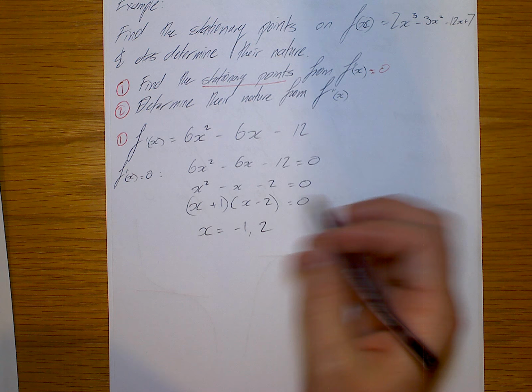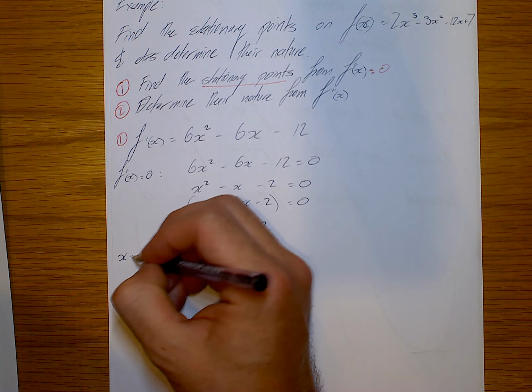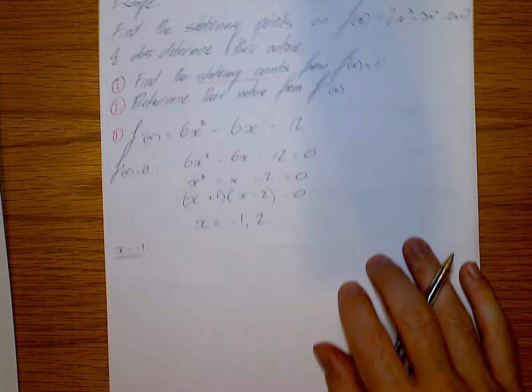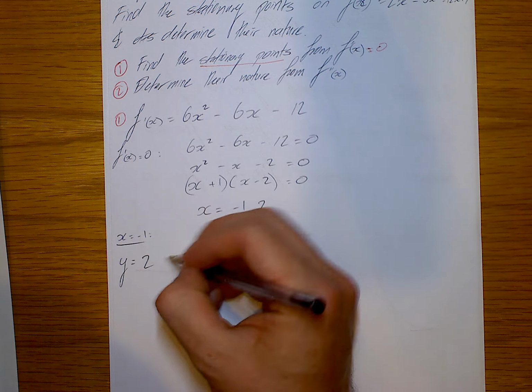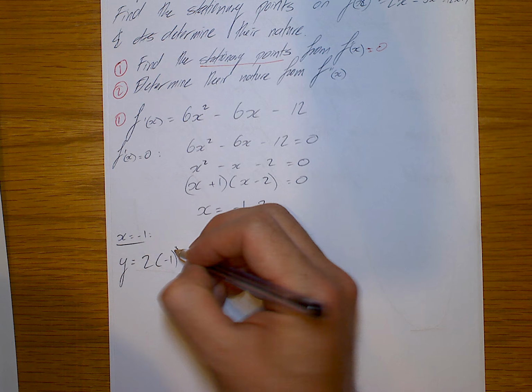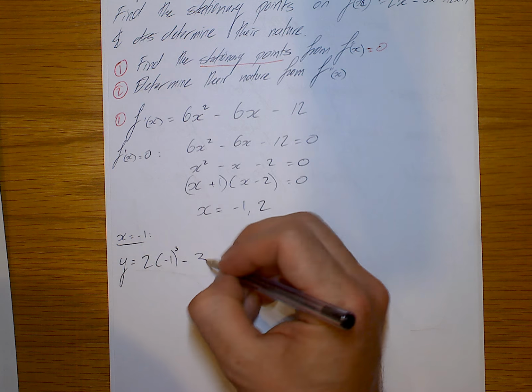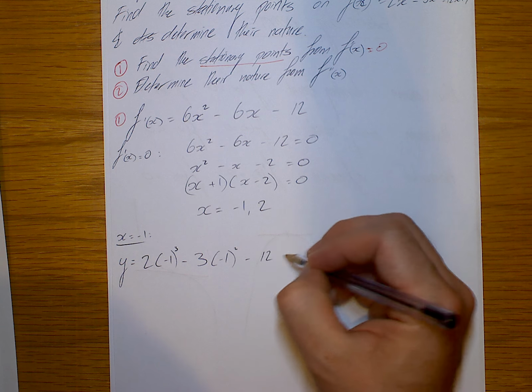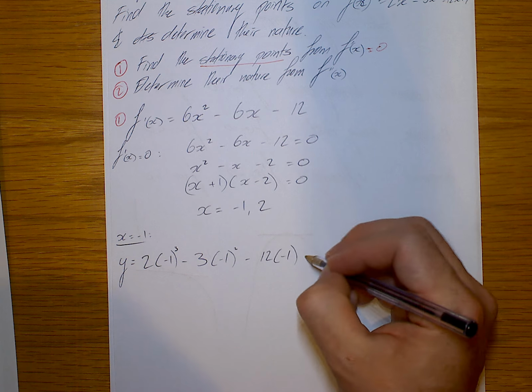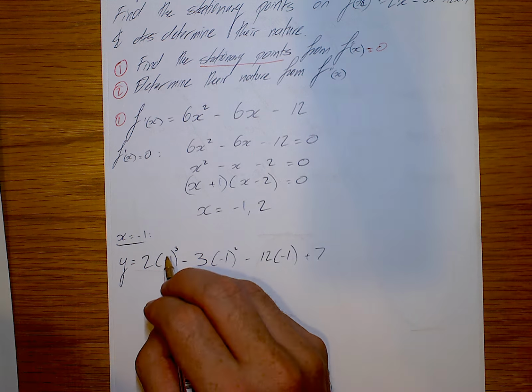So let's go with our first one, x equals negative 1. Our y equals negative 1 cubed minus 3 times negative 1 squared minus 12 times negative 1 plus 7. Okay, that's going to give negative 1.